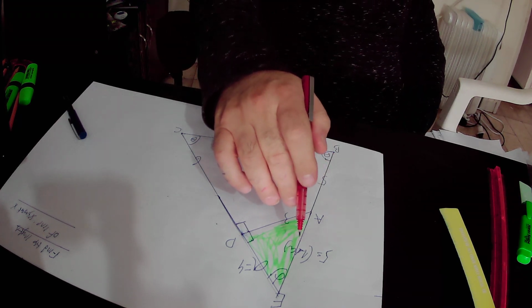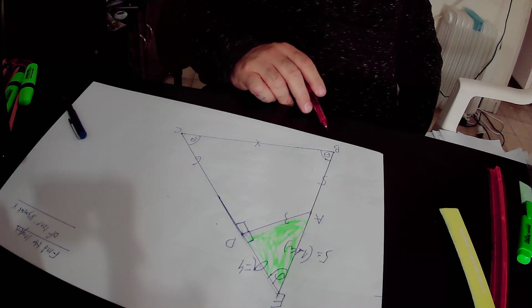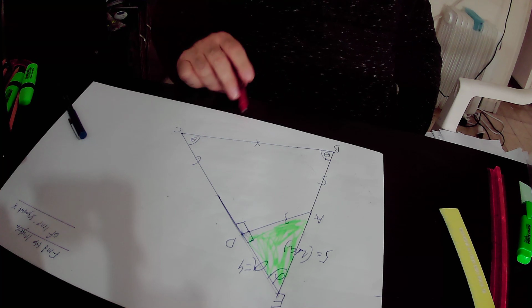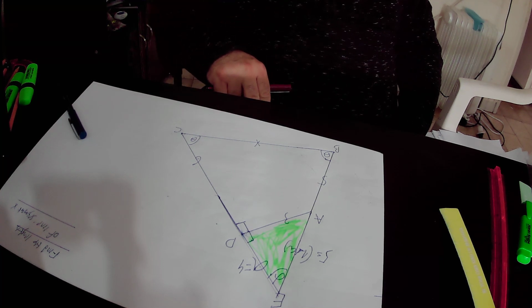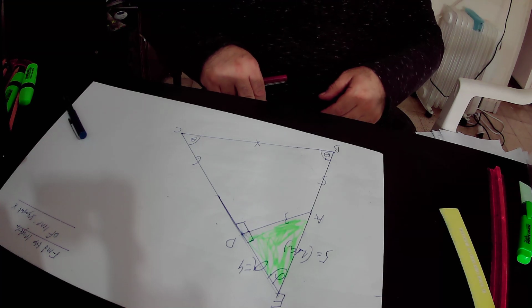A will be equal to EB, B will be equal to EC, and C will be equal to BC, that is actually X. So we will focus on triangle EBC.